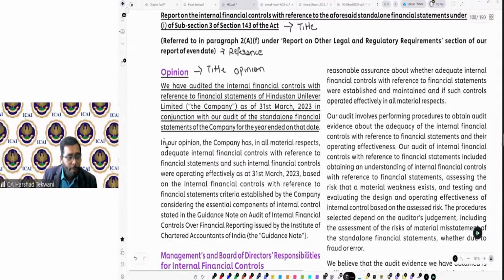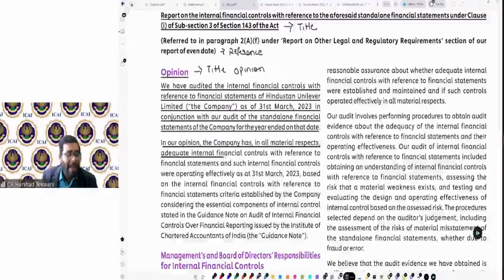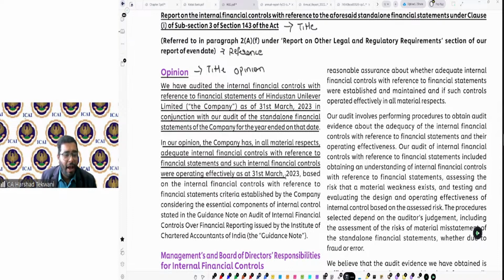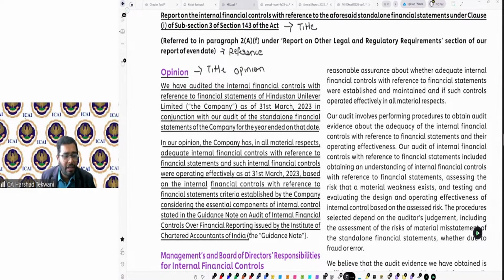In our opinion, the company has in all material respects adequate financial control with reference to financial statement, and such internal financial controls were operating effectively as on 31st March 2023 based on the internal financial control with reference to the financial statement criteria established by the company, considering the essential components of the internal control stated in the guidance note on audit of internal financial controls over financial reporting issued by the Institute.